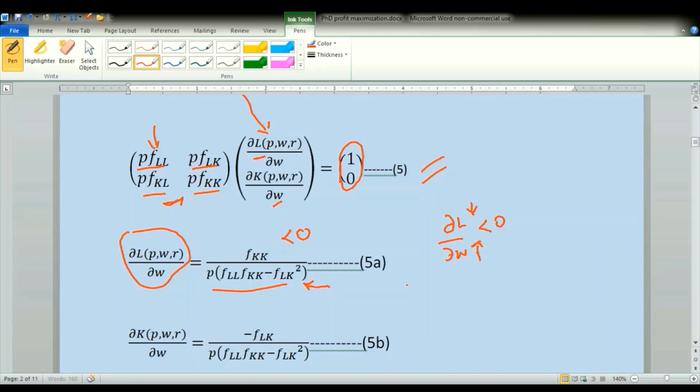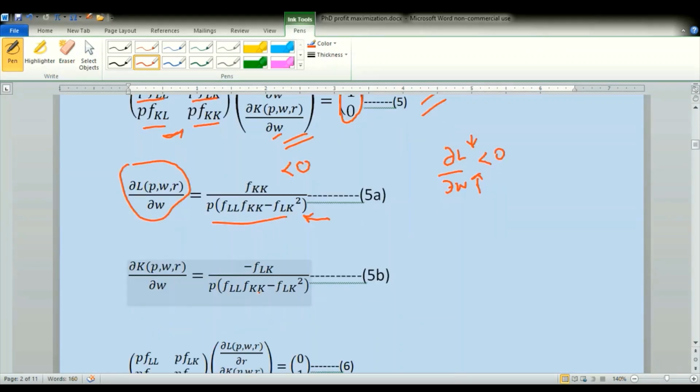Now, when we solve this system for ∂Q/∂W, we had done this in class.